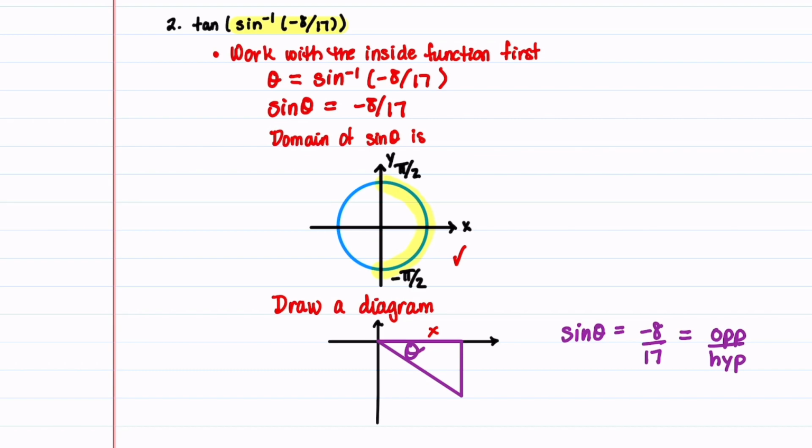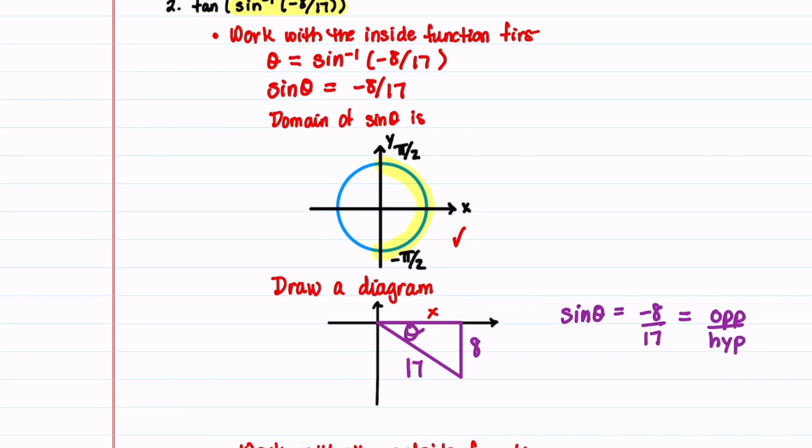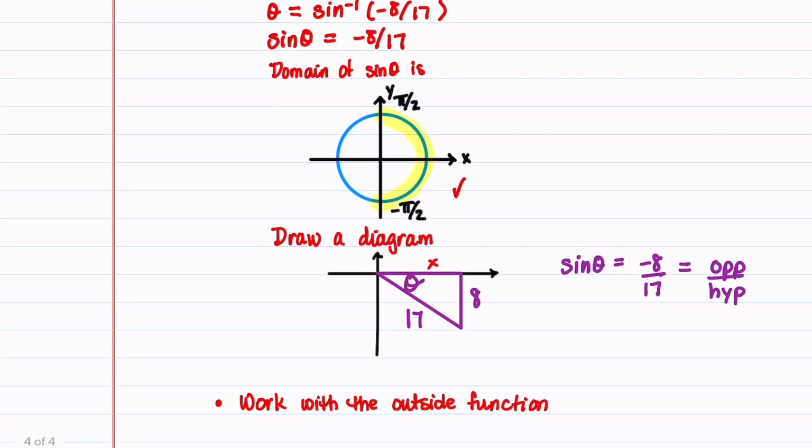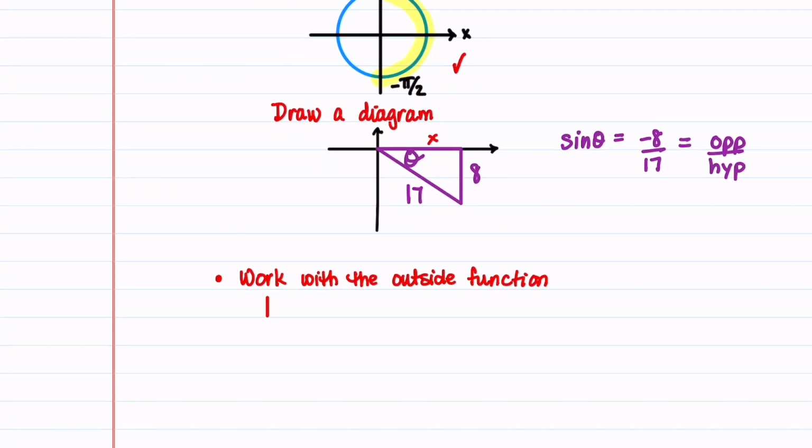So our side opposite theta is equal to 8, and our hypotenuse is 17. We're now going to work with our outside function, which is tangent. Tangent of inverse sine of -8 over 17 is now equal to tangent theta.